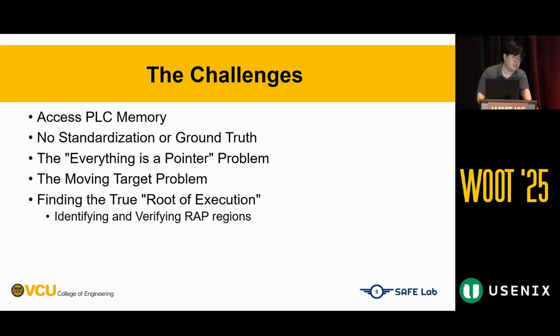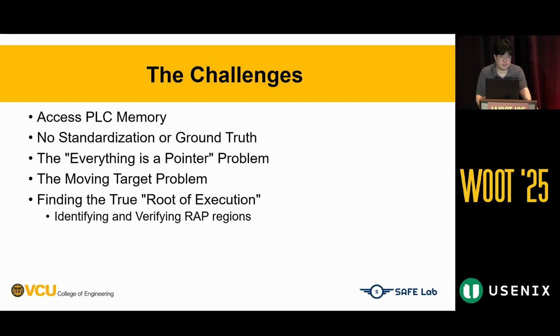So there is no fixed address for control logic, so we need to trace it down every time we download the control logic. This means you're aiming at a moving target in an undocumented environment.